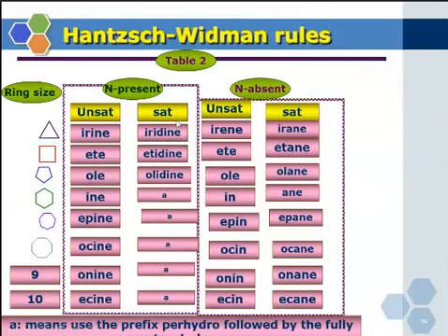Here we are seeing the suffix for 4-membered rings, unsaturated, ete, whereas saturated ones are associated with the suffix etidine. Likewise, a 5-membered heterocyclic ring, which is unsaturated, is given the suffix ole, whereas if it is saturated, then we will call it olidine.